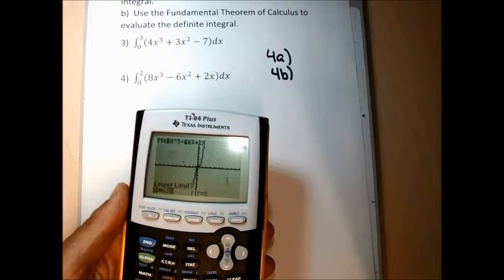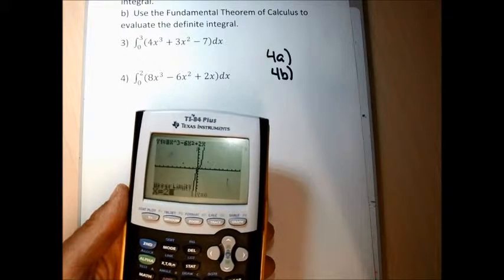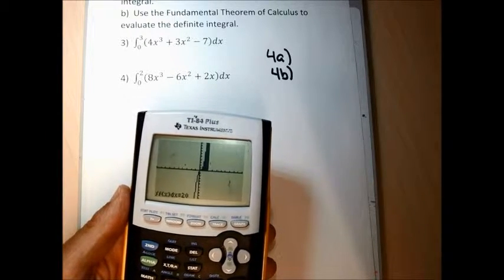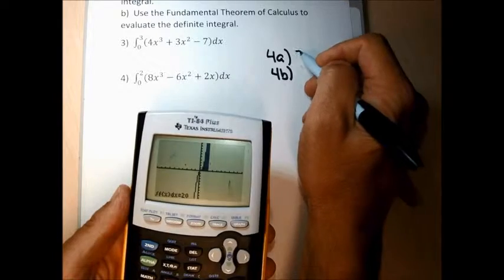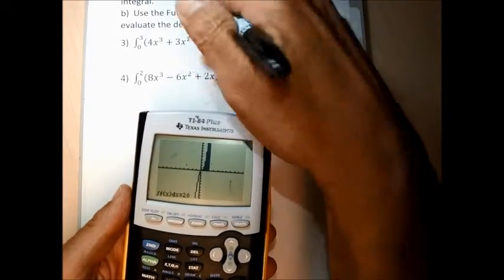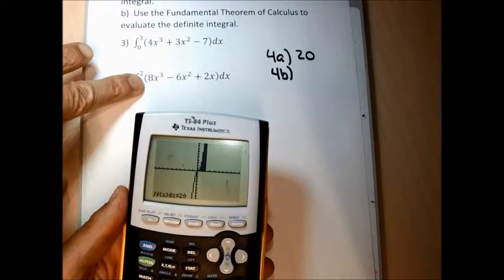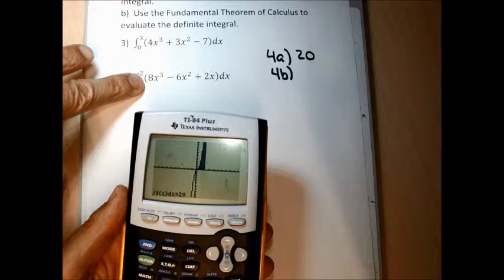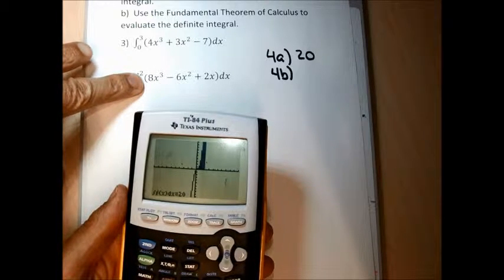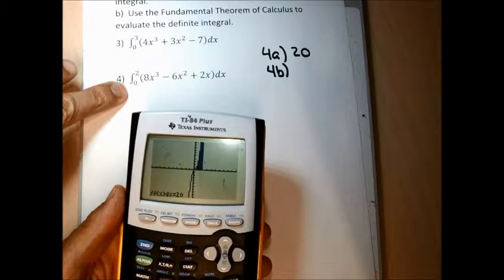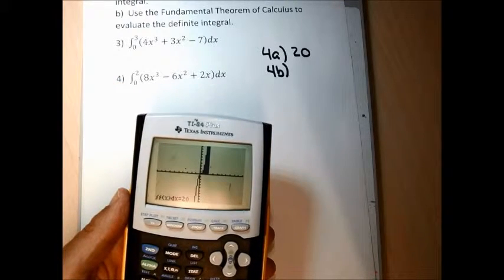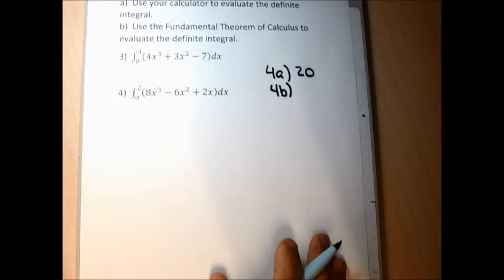The lower limit is 0. The upper limit is 2. And it shades the area for me, and it tells me the area between the graph of 8x cubed minus 6x squared plus 2x and the x-axis is equal to 20. That's all I have to show for 4a. That's the answer to 4a. There's no work to show.